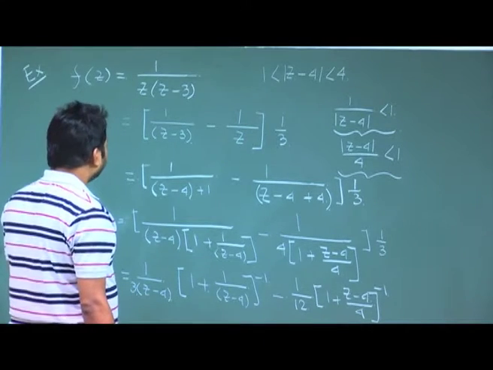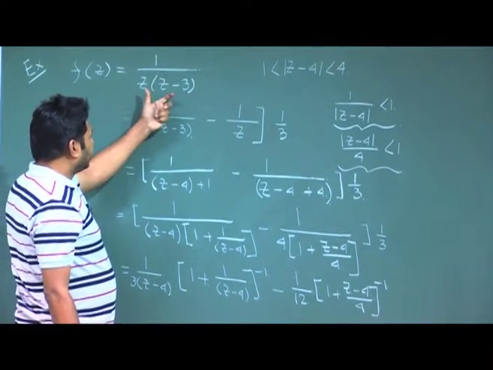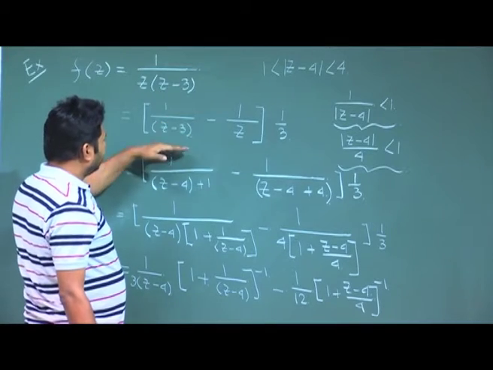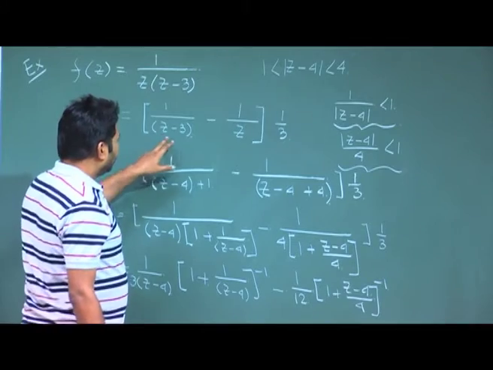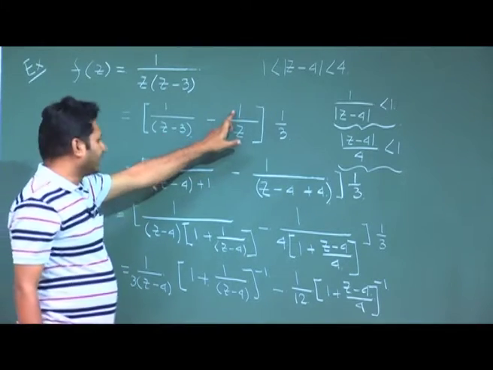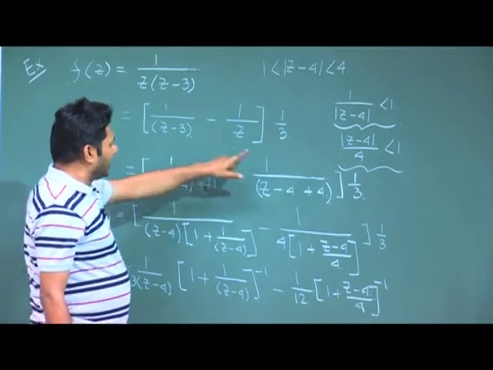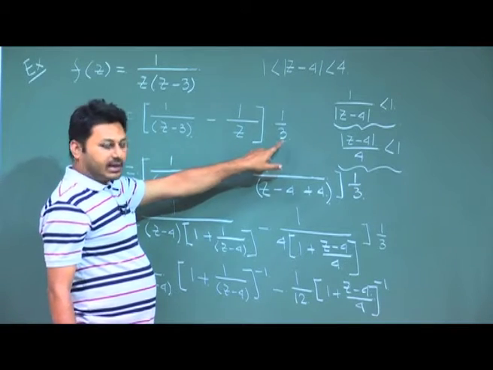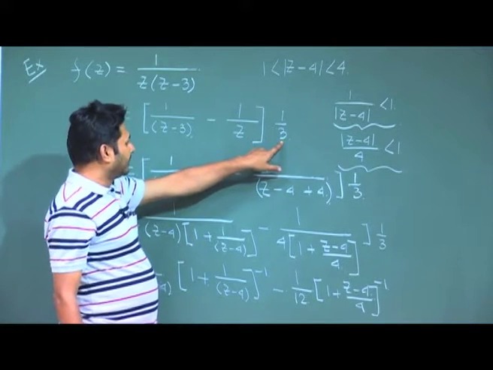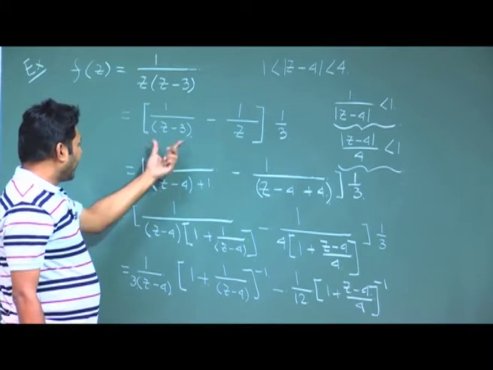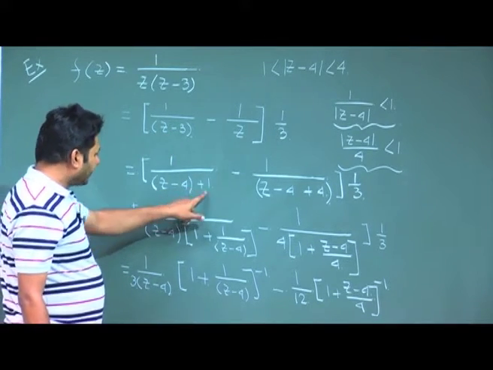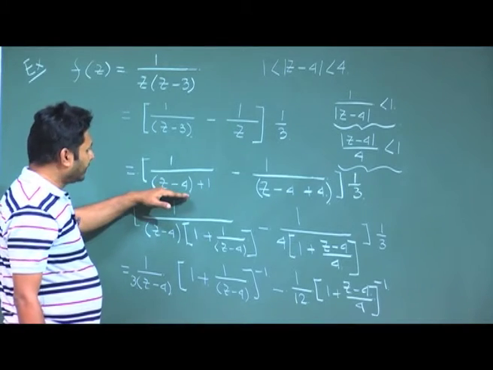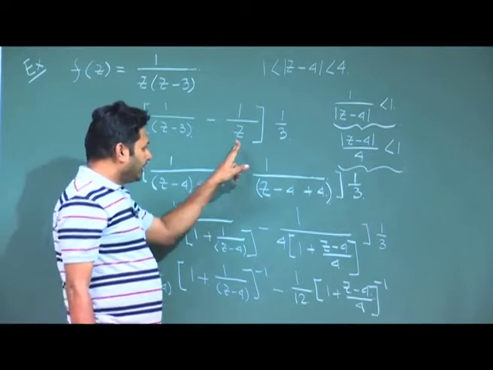Let us check once again whether everything is correct or not. In z into (z minus 3), I divided into 1 by (z minus 3) and 1 by z. The z goes here, z minus 3 goes here, so z will cancel out, we will have only the 3 term, and I divided this by 3, so that the 3 terms cancel out. Then at z minus 3, I write z minus 4 plus 1, so that I have the z minus 4 term in my hand, and here only z is there.